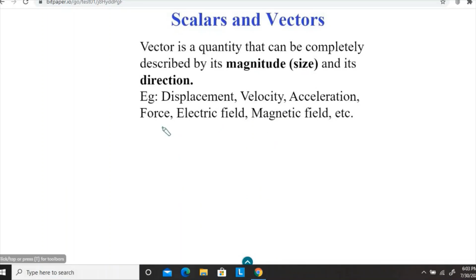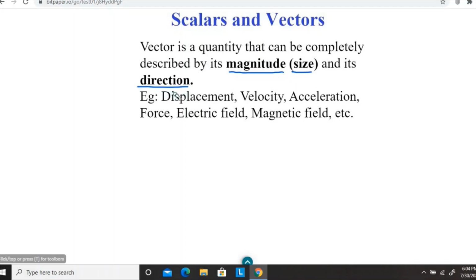However, vectors on the other hand are very different. Applying the algebraic rules is not straightforward for vectors. So that's why studying them is very interesting. A vector, by definition, is a physical quantity, a measurable quantity that can be described by two things. One, the magnitude, or what we call the size of that measurable quantity, and two, its direction.